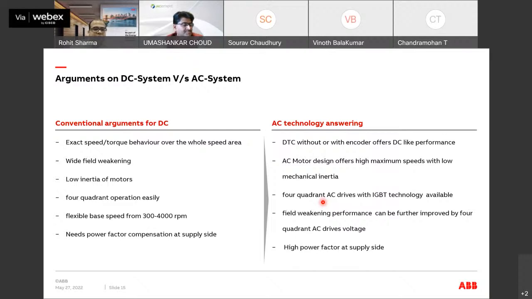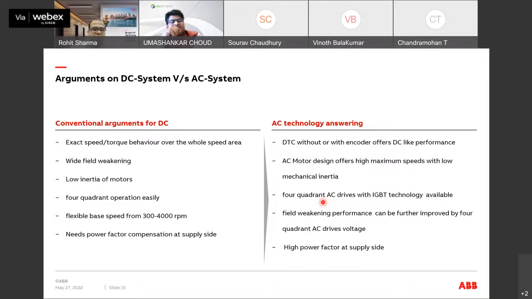There are certain arguments that come up when we change this technology, with respect to DC to AC, how we have changed and how we developed ourselves. Predominantly people use the DC system because of its exact speed and torque behavior, whereas we are using DTC technology in our AC drives, which improves the torque response of the system.